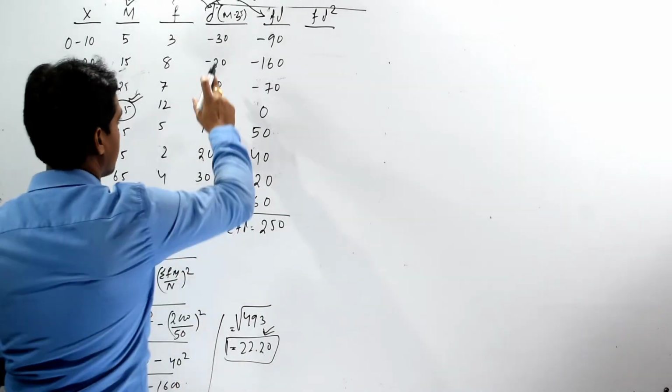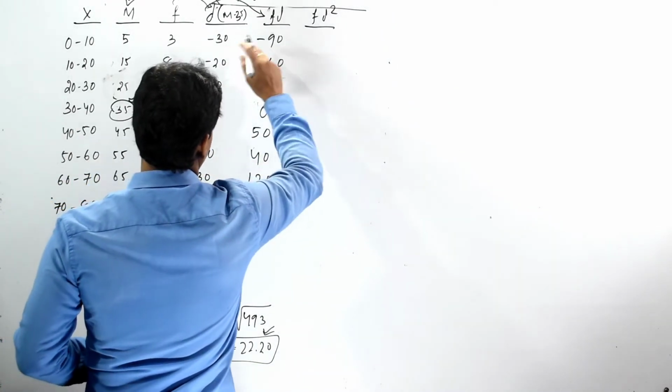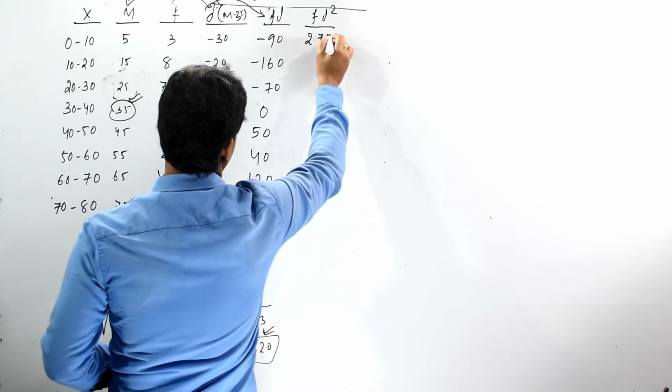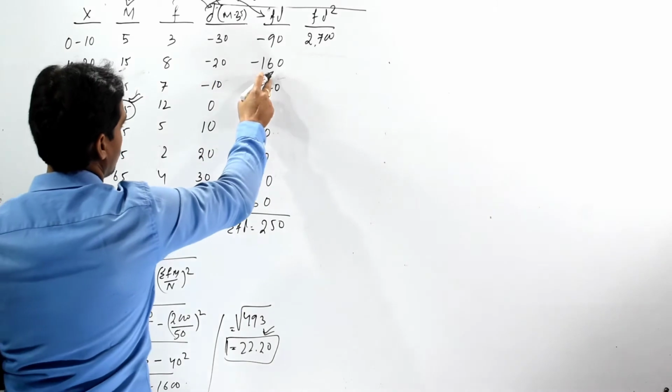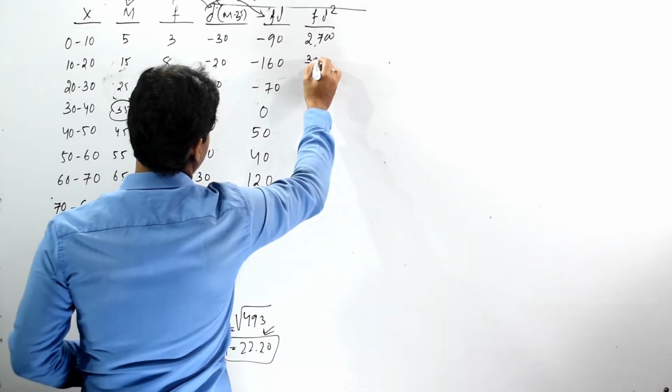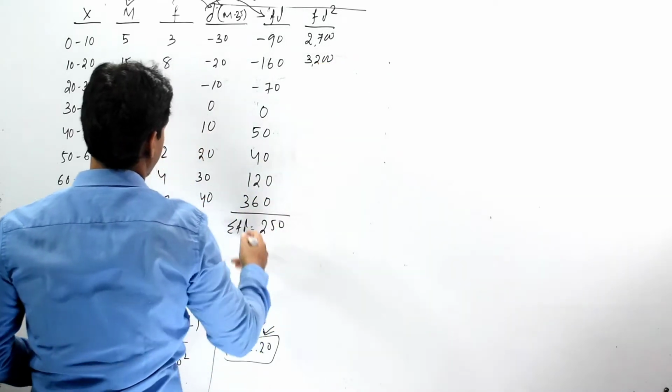So here 30 into 90, that is minus 30 into minus 90, equals 2700. Minus 20 into minus 160, that is 3200.